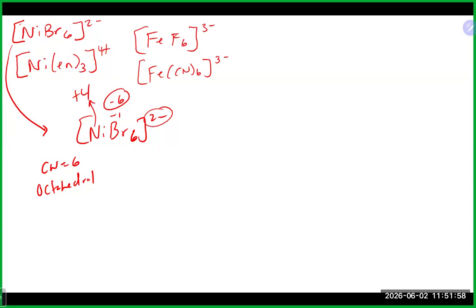We go to nickel on the periodic table, looks like a 28. That means if we wrote the electron configuration for nickel with no charge, we're looking at something like argon 4s2 3d8 in this case, as it is 28 there.